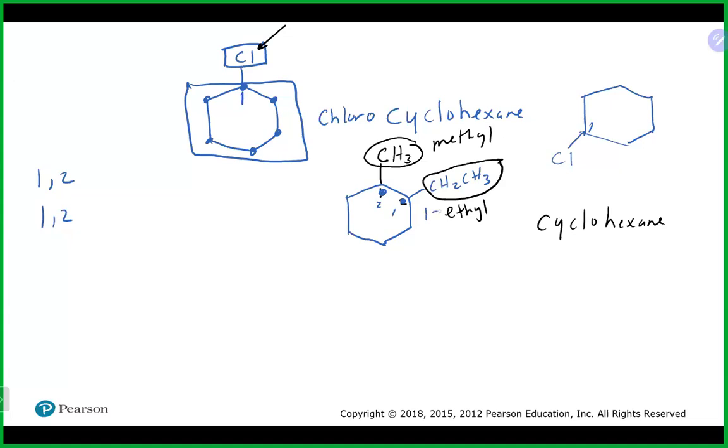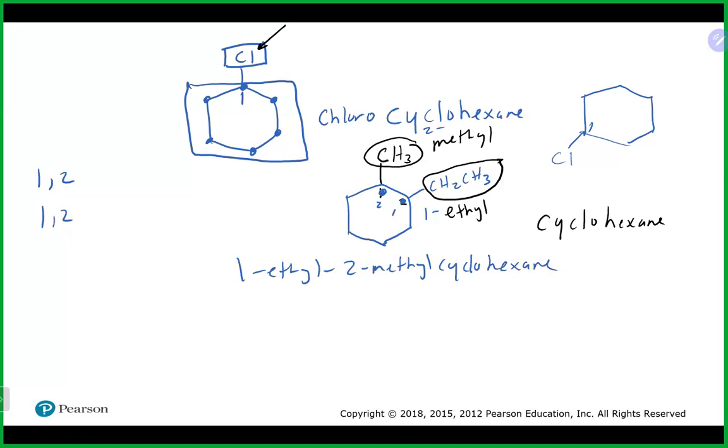So we probably want to go 1 ethyl, and this would be 2 methyl. And now we could put it all together: 1-ethyl-2-methylcyclohexane.